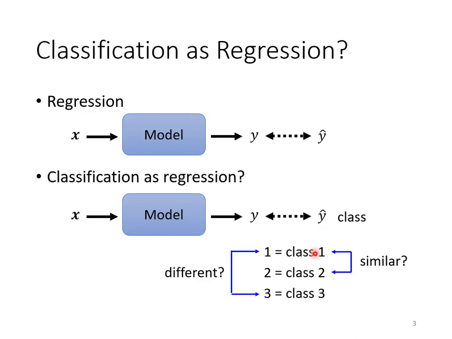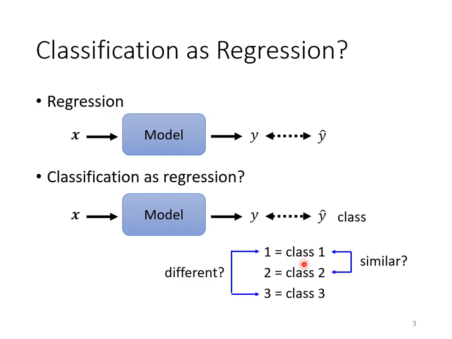Because, if you assume that class 1 is number 1, class 2 is number 2, and class 3 is number 3, it means that you consider class 1 and class 2 are closer than class 1 and class 3. The class representation, like this, sometimes works, but sometimes it doesn't.